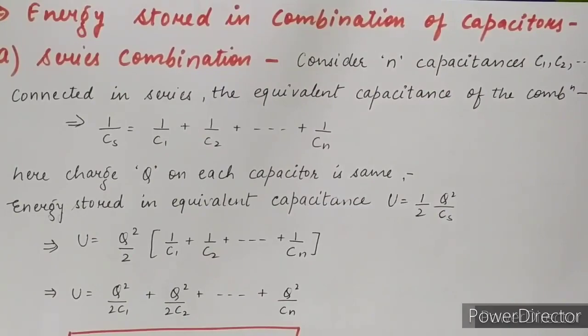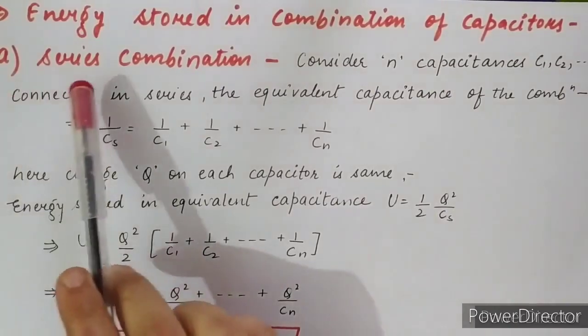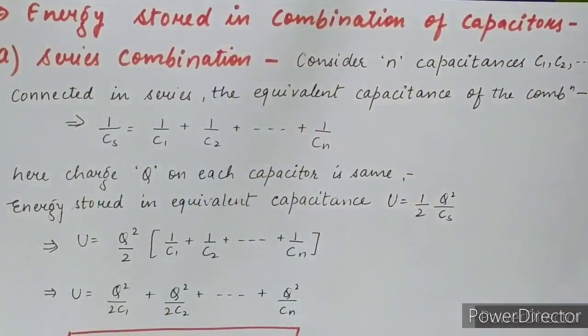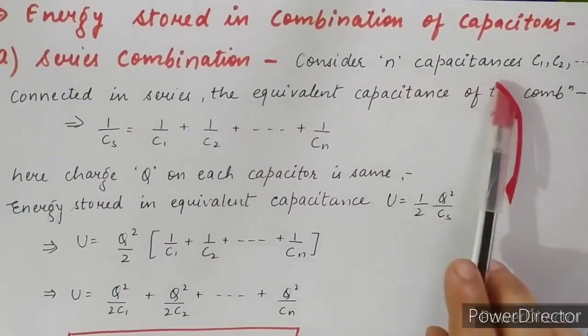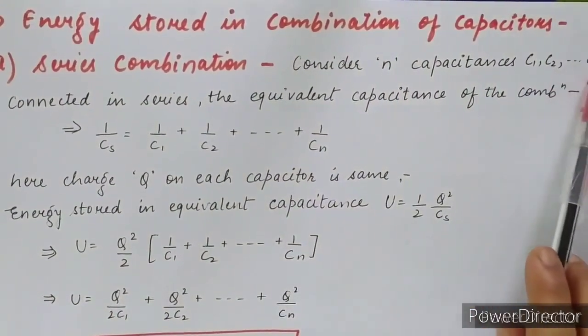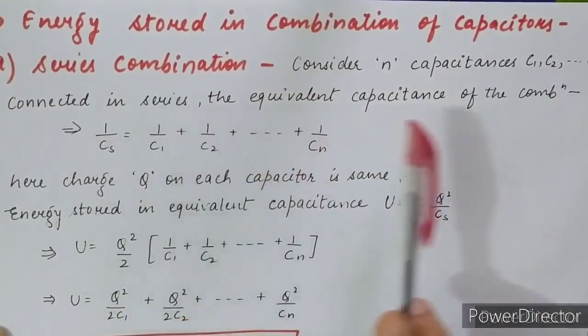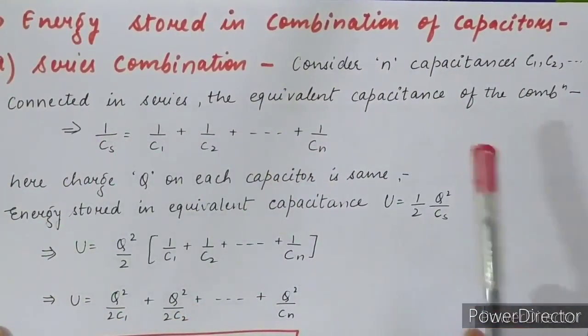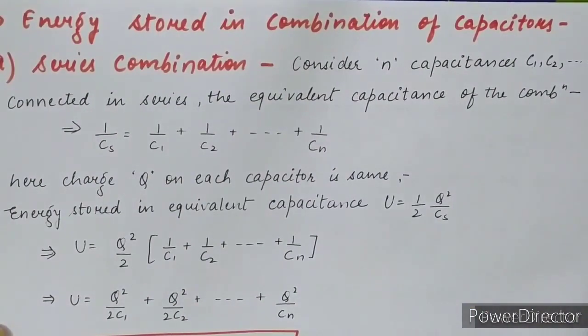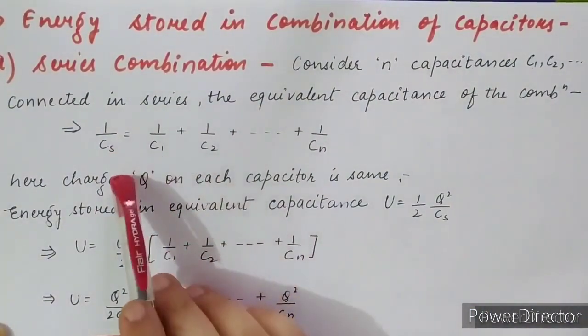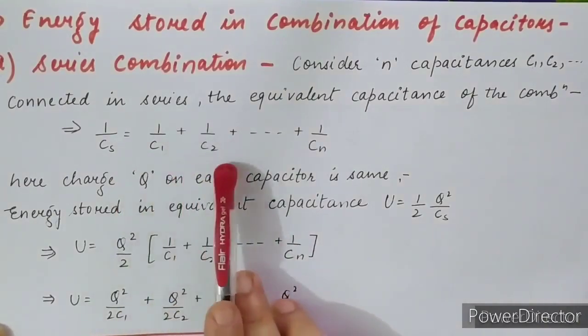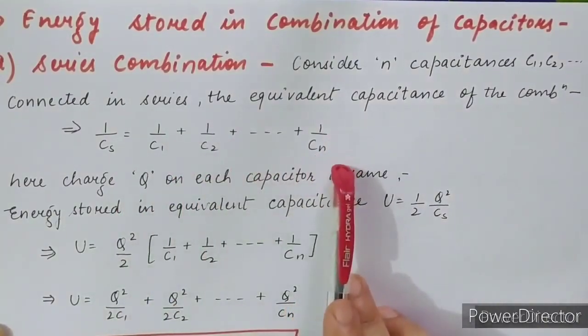The first combination we are taking is the series combination. Suppose n capacitances C1, C2, and so on up to Cn are connected in series. What is the formula of equivalent capacitance of a series combination? 1 upon Cs is equal to 1 upon C1 plus 1 upon C2 plus so on, 1 upon Cn.